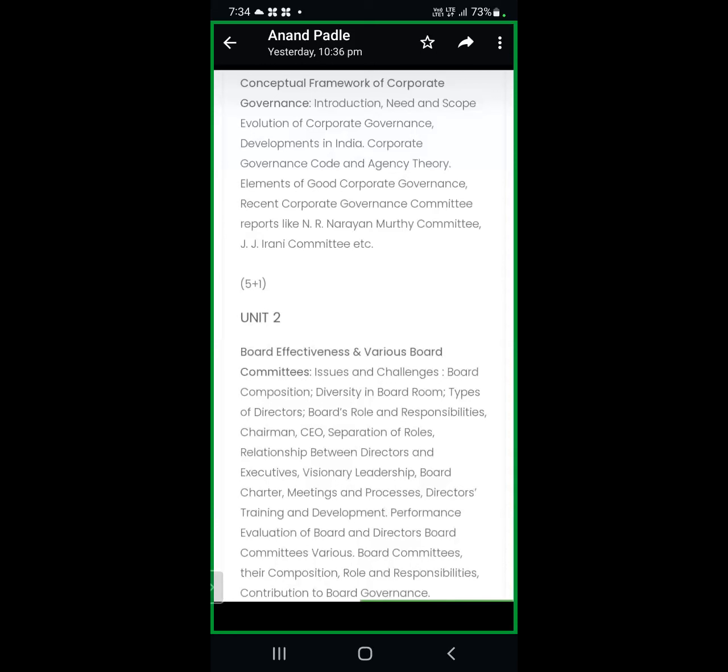It will be better if the others also start contributing, right? So today, being the first session, I have given you a brief idea of what corporate governance is. And now we will move on to our unit number one.